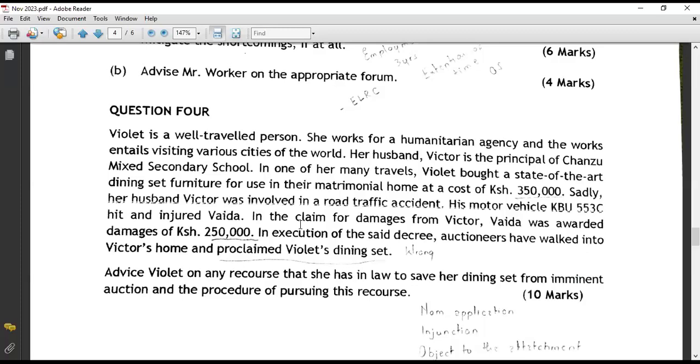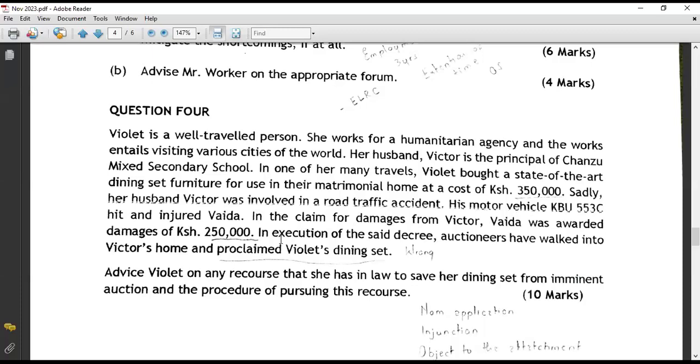So, Violet is married to Victor. So Violet has this furniture, which was worth 350,000. Her husband knocked someone. The case got to court.